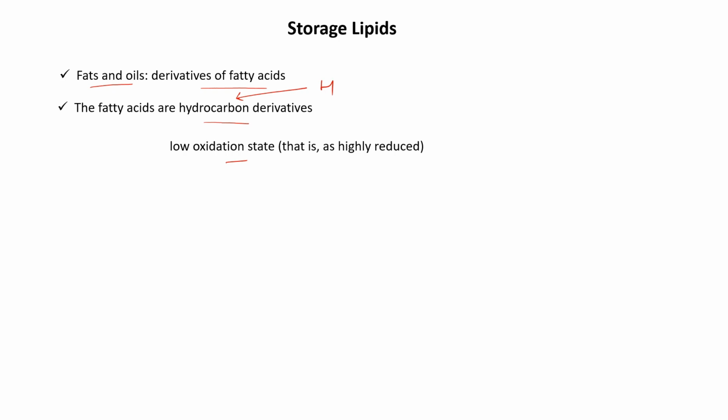When any compound is highly reduced, its combustion or oxidation will become highly exergonic. So oxidation of fatty acid is highly exergonic, releasing a large amount of energy.